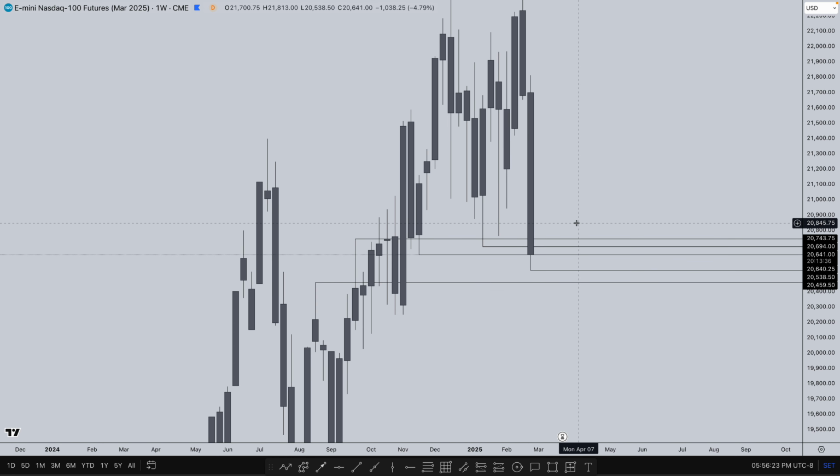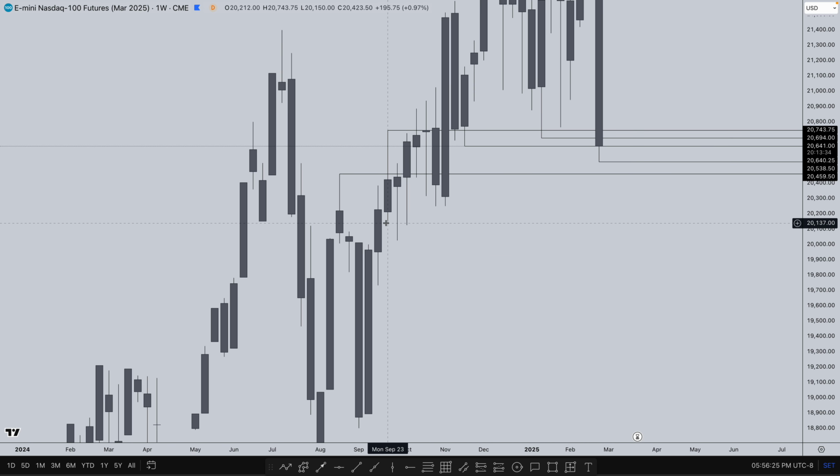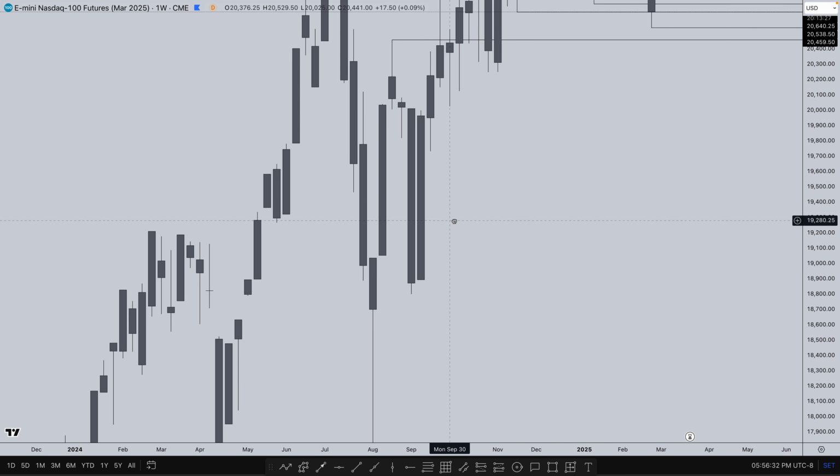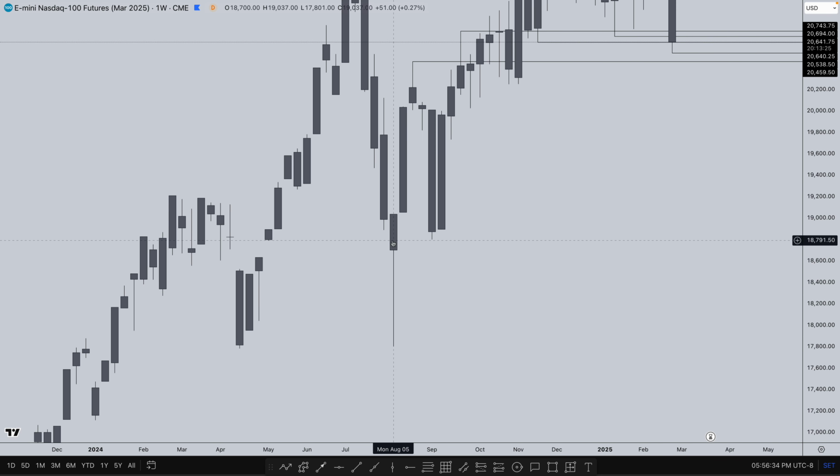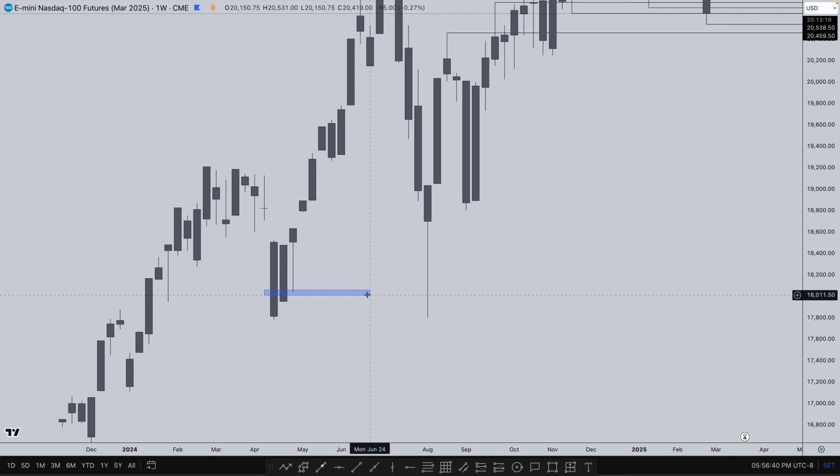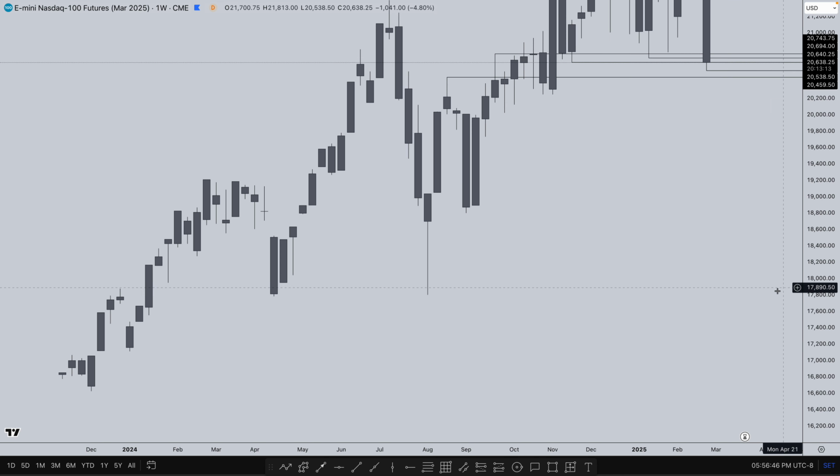You want to see sweeps, like you want to see how these are just all wicks, sweeps. You want to see things get swept. Sometimes the sweep may be huge, like this is a huge sweep, but we also swept here, here, and here, almost equal lows.